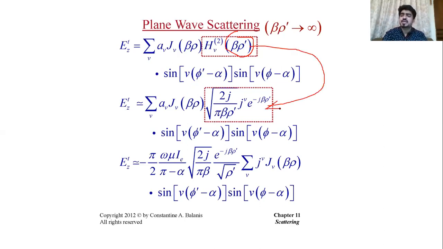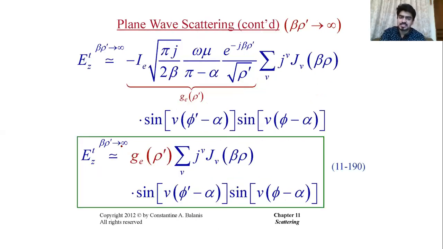Previously we used beta rho, where we converted the Hankel function of the second kind with the beta rho argument. Here this is beta rho prime, and when we do that, this will be your expression for E total in the Z direction. Again we can take some portion of this equation outside, and the remaining will be this particular equation.